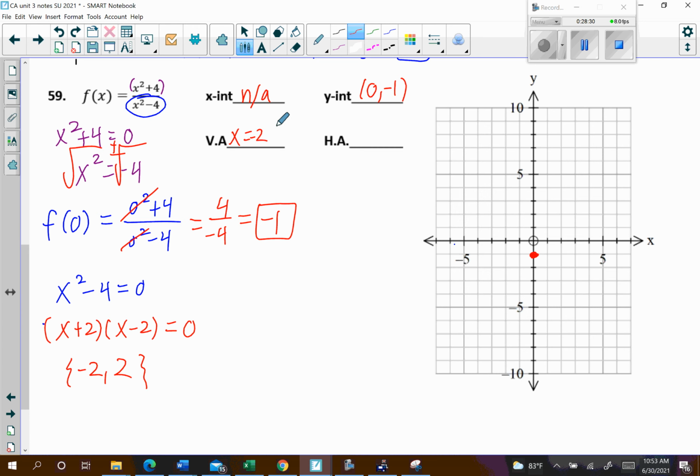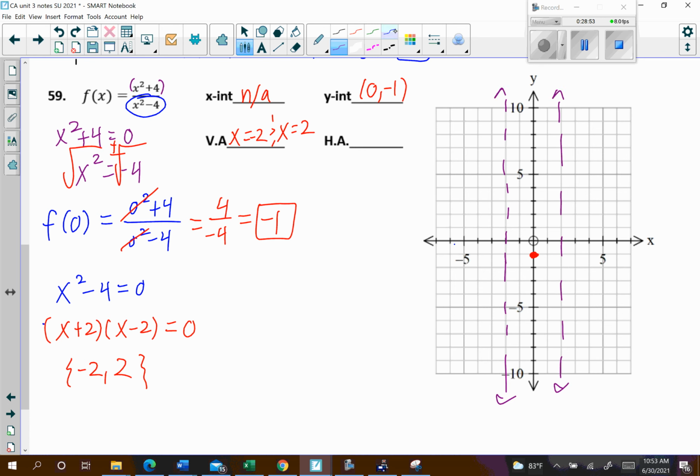So x equals -2 and x equals +2. So let's see. All right, so there we go. We got those. And we have a point in the middle.